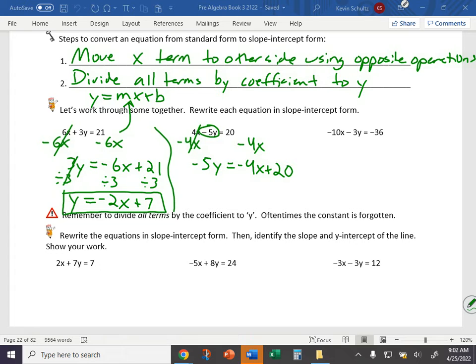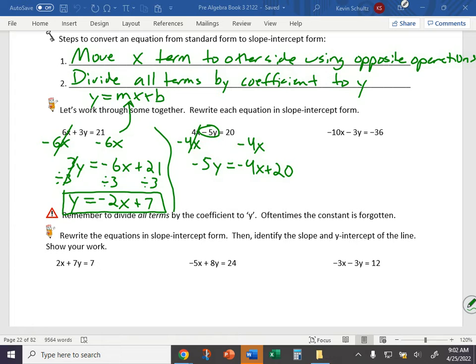Are we all good? I think we put the crayons away. Okay. So negative 5y, that subtraction sign belongs to it. And then we can't combine the 20 and the negative 4x. Slope-intercept form, that x term is written first. So negative 4x and then plus 20.